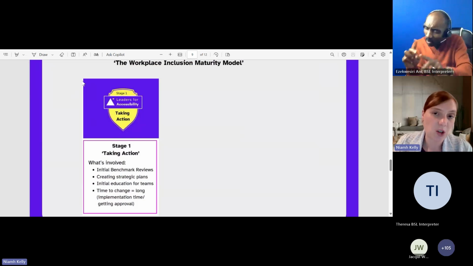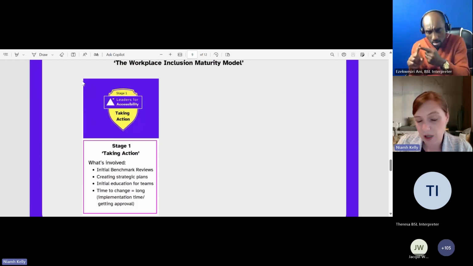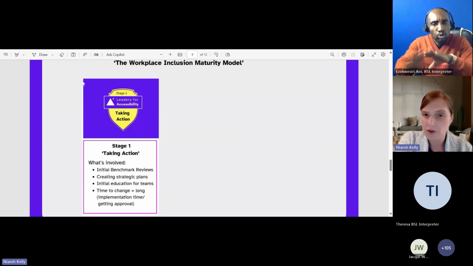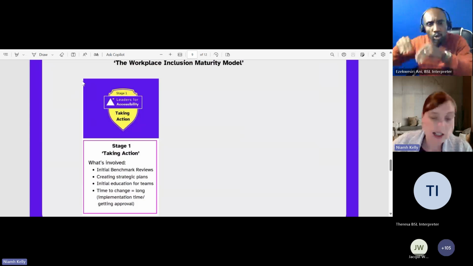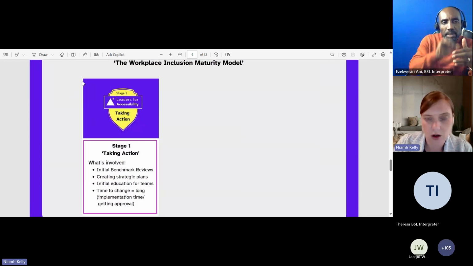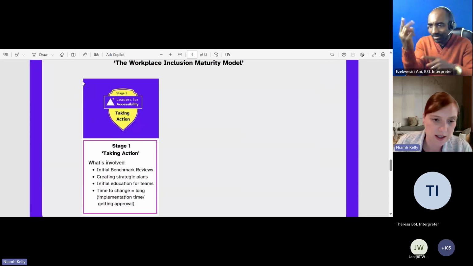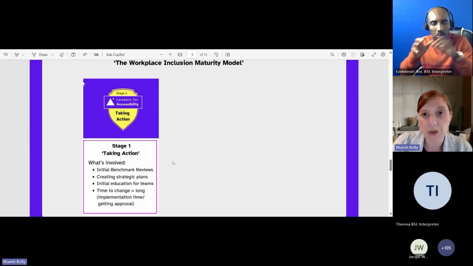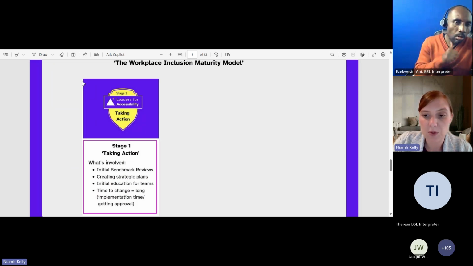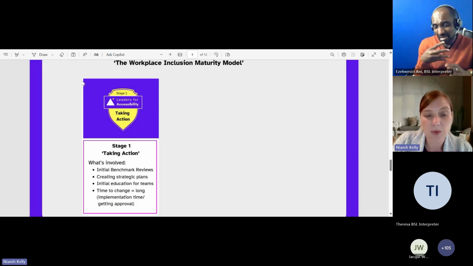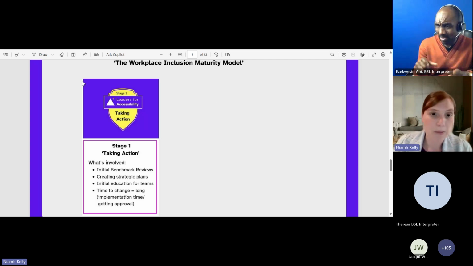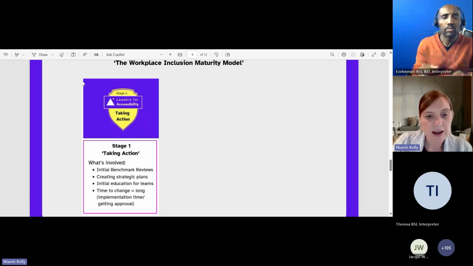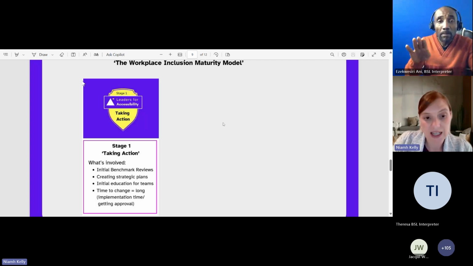You're starting to bring in training and mentoring and coaching for your teams, from UX design, engineering to legal, because this has to be across the organization. And the time to change at the beginning can be very long. So for example, it might still be taking 9 months to get an accommodation request approved, or a ramp or something else. But the fact is, you're taking action.